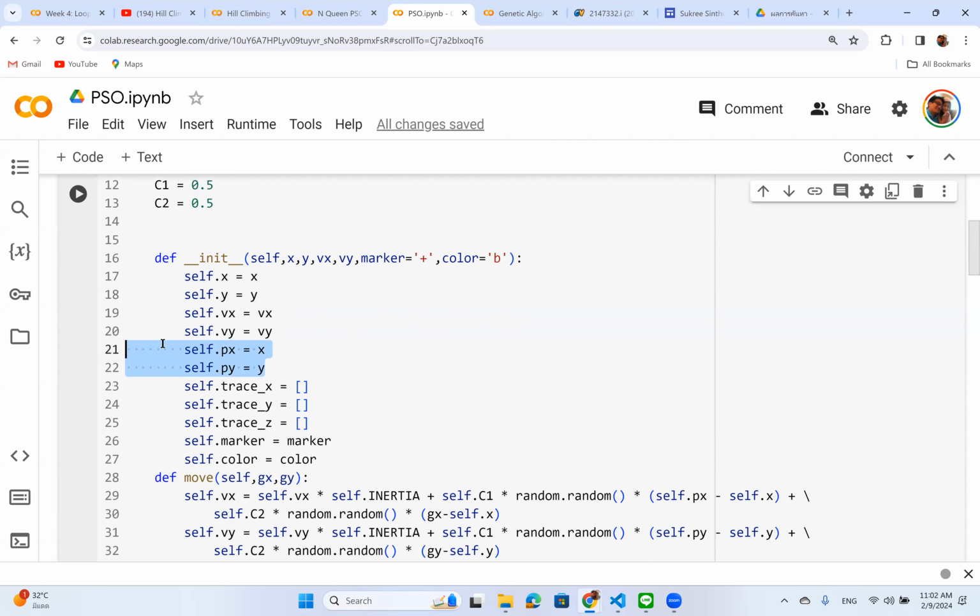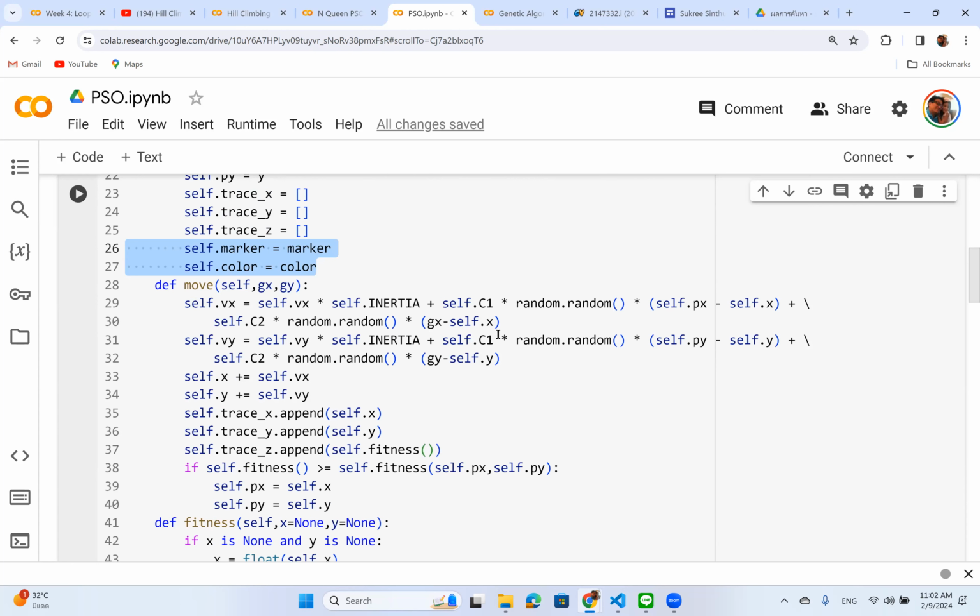And I save every point that this bee has moved. So I'll keep it here, and the marker and the color is here. So to move it, I have to calculate the new v.